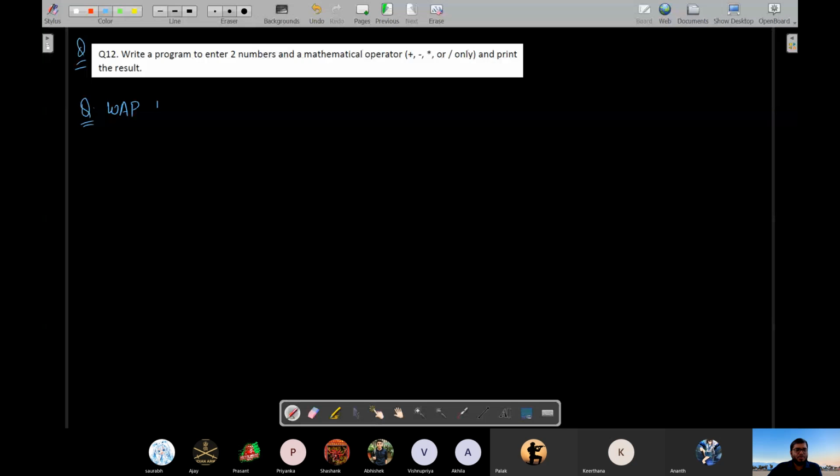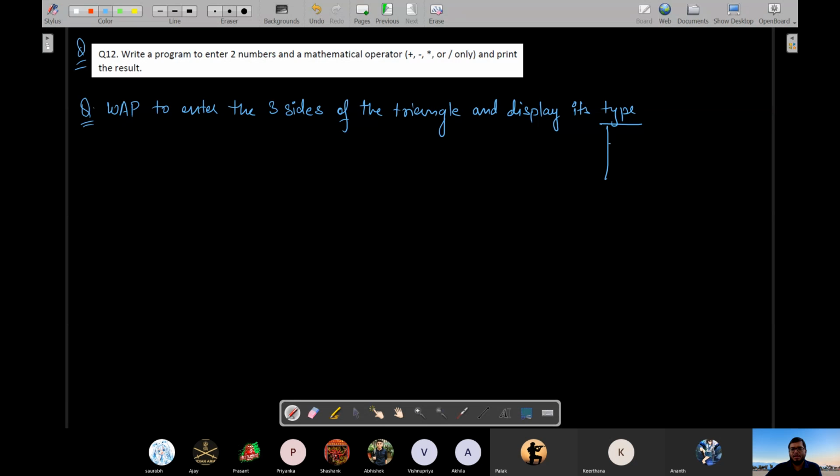Write a program to enter the sides of a triangle and display its type. What are the possible types? Possible types are scalene, isosceles, equilateral. Check the spelling, I don't know what it is.